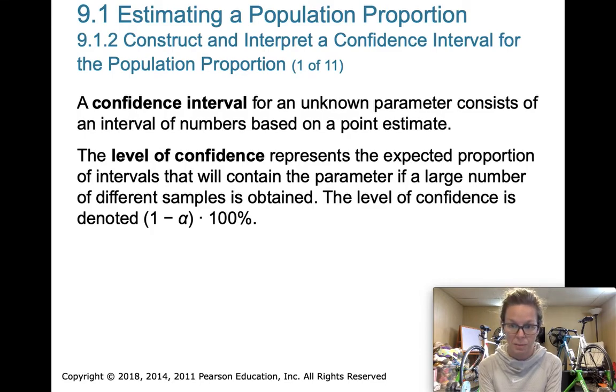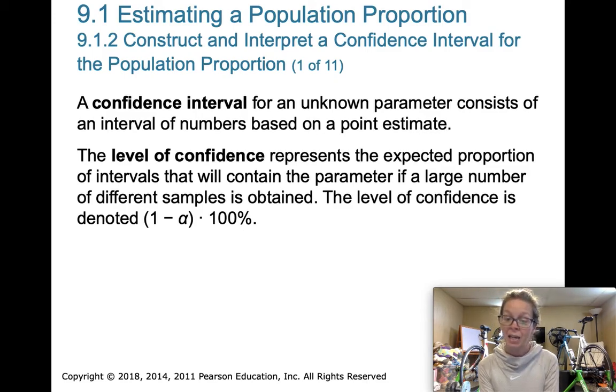What that means is if I did this sampling 100 times, 95 of them would have the right value in it. 5 of them don't. That means the one that I'm reporting might be one of those 5. Okay? So that's the idea of confidence, is if I do a 95% confidence, I know that if I had actually done this 100 times, 5 of them are going to be wrong, and this might be one of those 5.